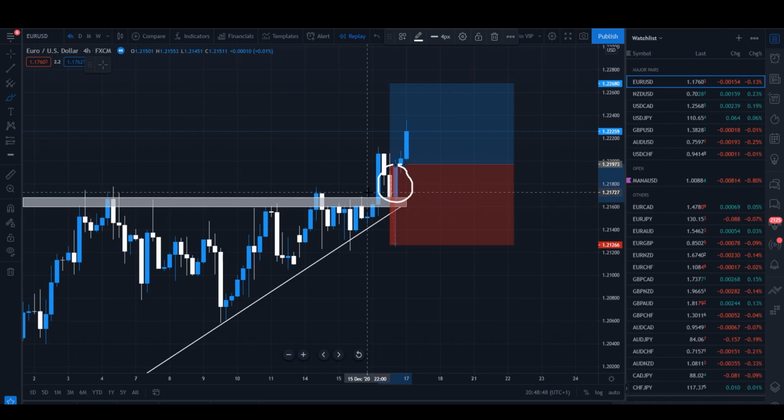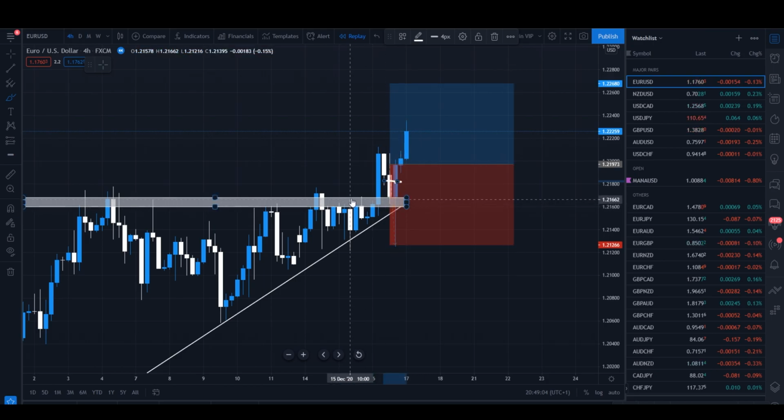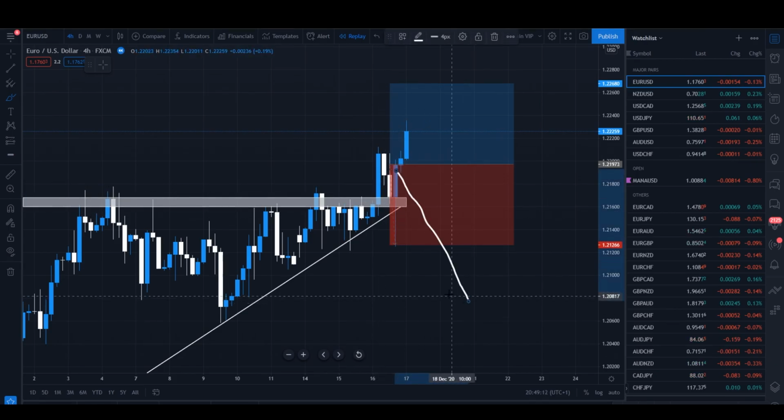You have no idea how many times it happens that in the last 5 minutes the market decides to push down and not give us an entry confirmation, which then makes the trade instantly invalid. But some people take those trades and then the market shoots down and you don't know what happened.